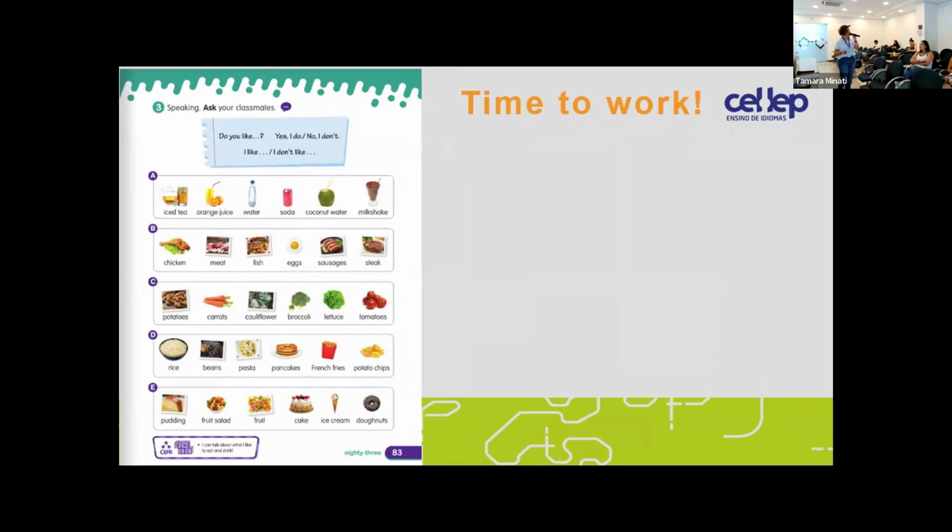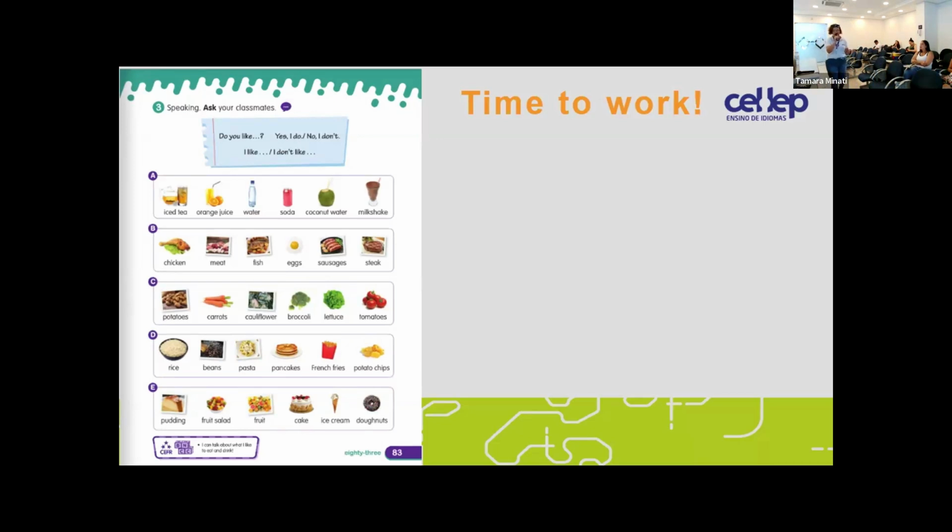UK 5, unit 4, lesson 1. What kind of activity is this? Is it a reading activity, a listening one? Marceli, please. It's a speaking activity about do, like, and food. People online, speaking, everyone, good. That's it. It's written there, right? So it's a speaking activity.